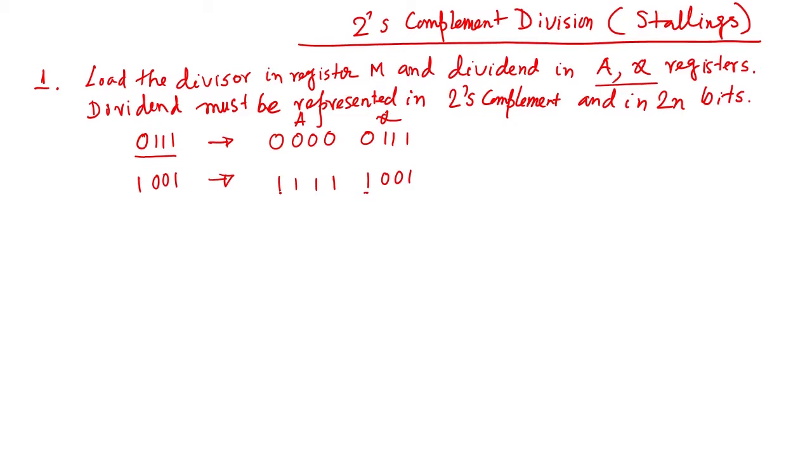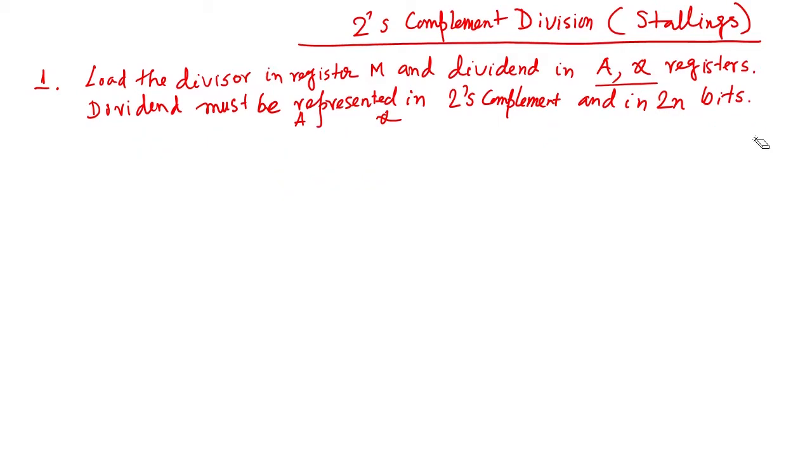So, if it is a negative number you will have this, and if it is a positive number you have to represent it like that. So, first task is M will be the divisor, and then the two registers A and Q should be represented in 2's complement and 2n bits.